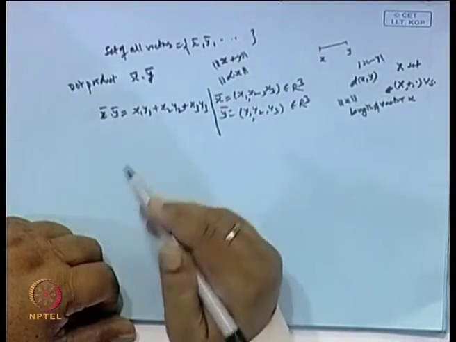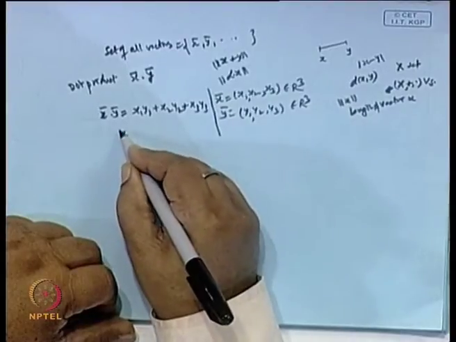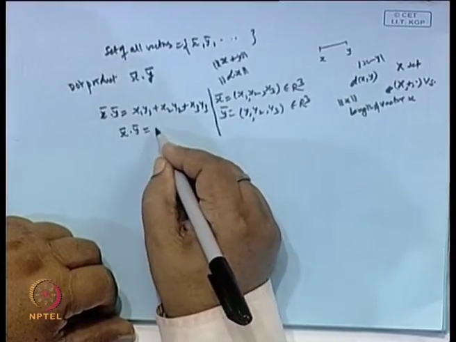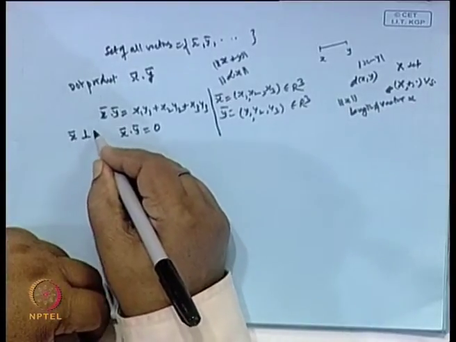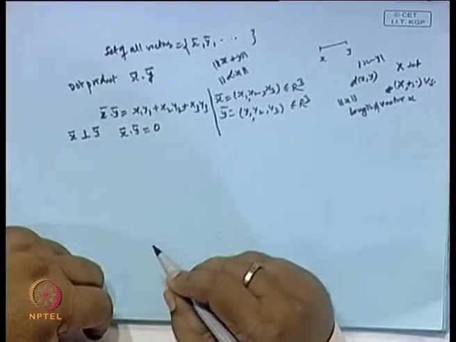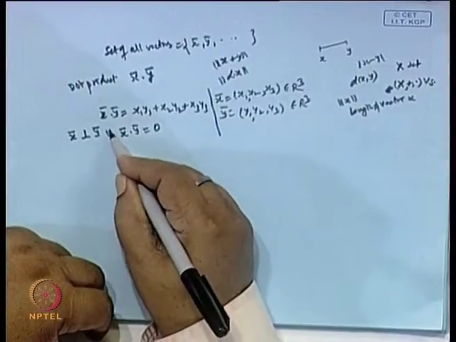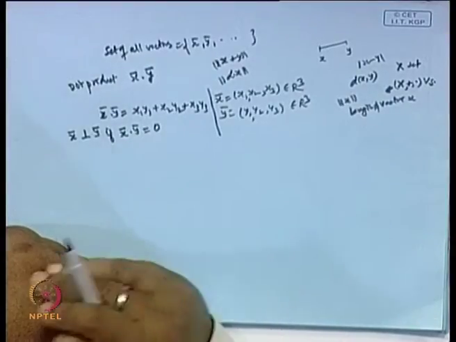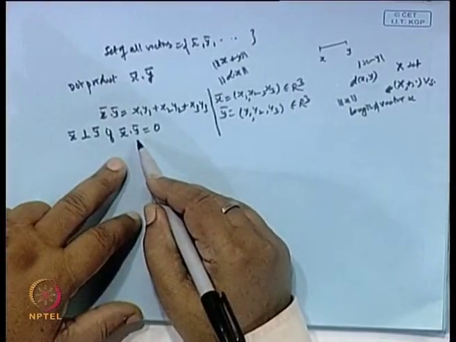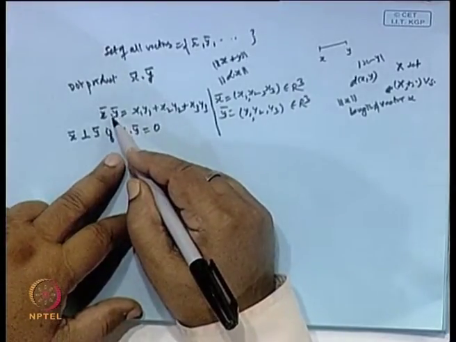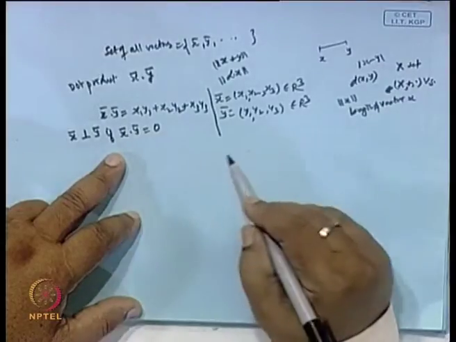This dot product also leads to another concept which is called the orthogonality of the two vectors. We say the two vectors x bar and y bar are orthogonal if x bar dot y bar is 0.